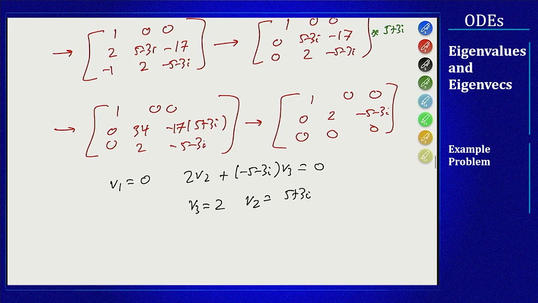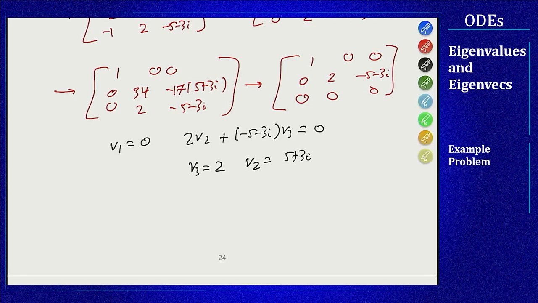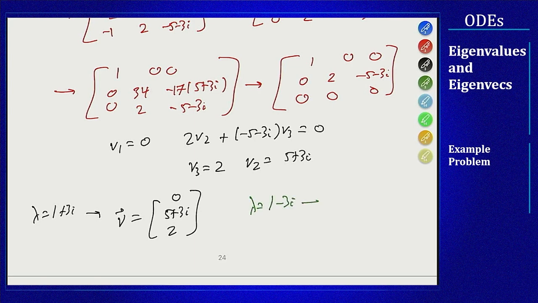So therefore, for lambda equals 1 plus 3i, the eigenvector that I get is 0, 5 plus 3i, and 2, which also means that for free, I know that for the eigenvalue of 1 minus 3i, I just get the complex conjugate: 0, 5 minus 3i, and 2.